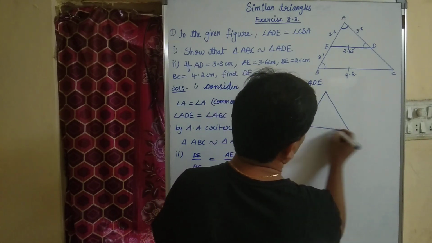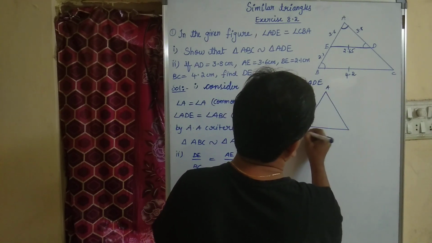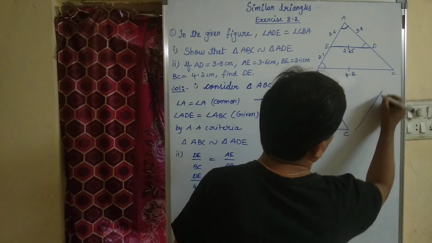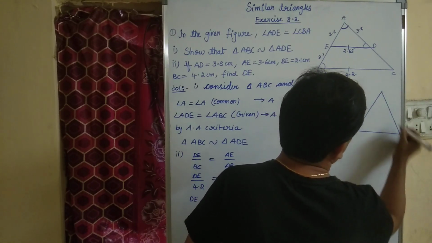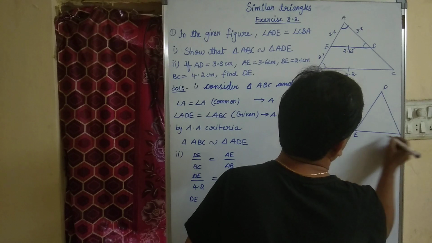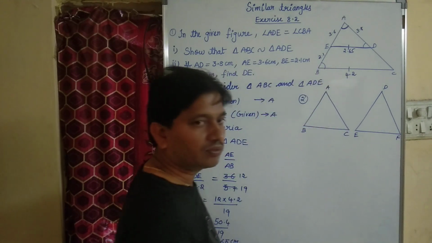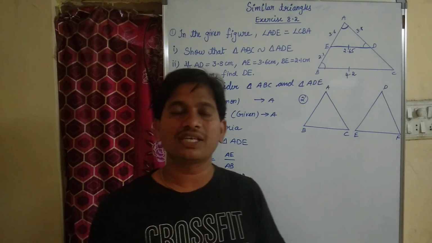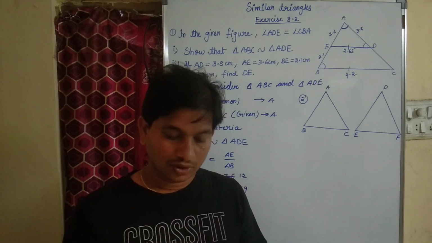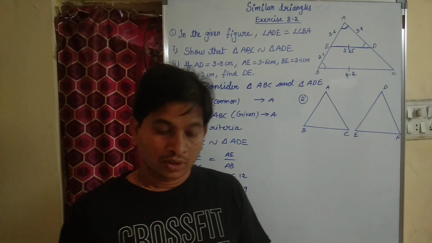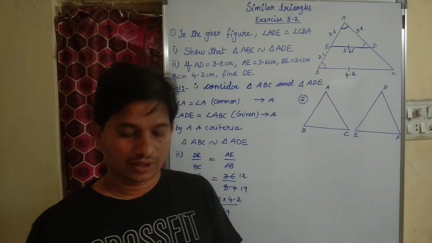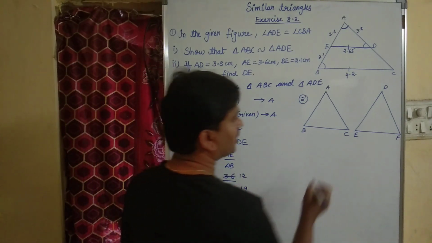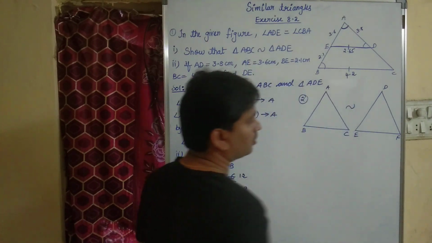For example, this is triangle ABC and this is triangle DEF. The perimeters of the two similar triangles are 30 centimeters and 20 centimeters respectively. So, they said two similar triangles, right? So, I can say that triangle ABC is similar to triangle DEF.